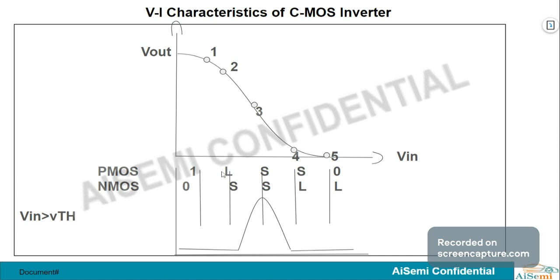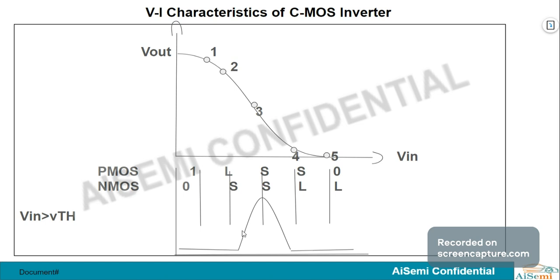When Vin is greater than Vth, the PMOS is linear and the NMOS is saturated. Here the VTC curve is slowly decreasing, Vout is slowly decreasing, so the IDS current slowly increases.